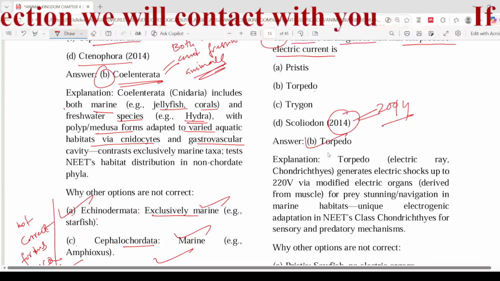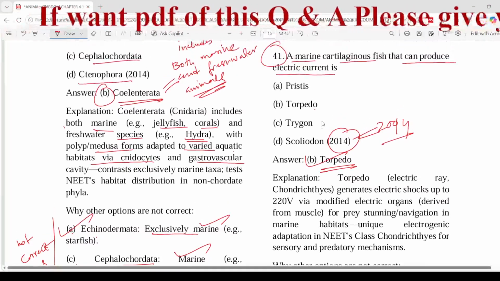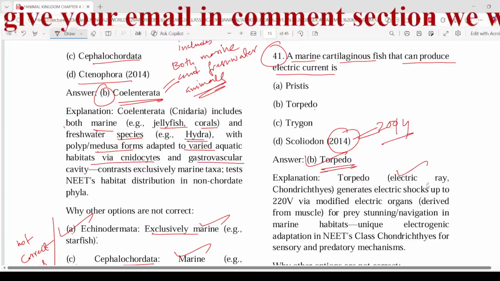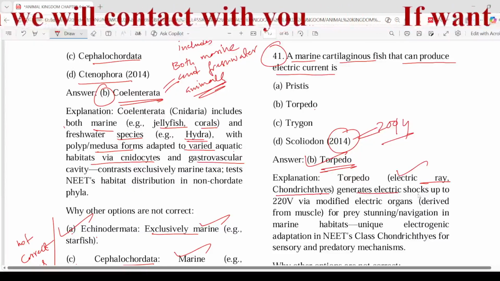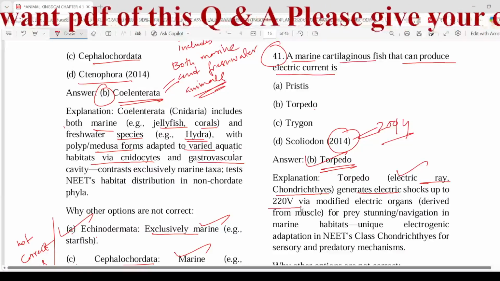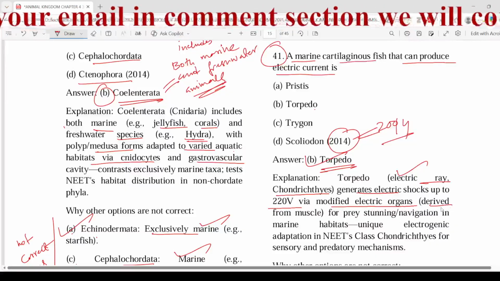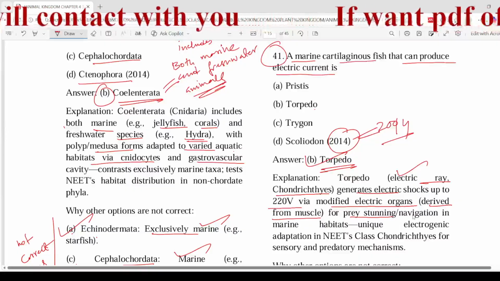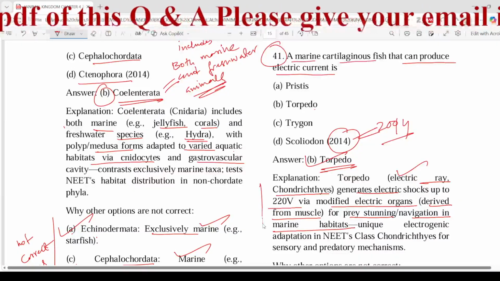The correct answer is Torpedo. Torpedo, also known as the electric ray, is a chondrichthyan fish that generates electric currents, shocks up to 220 volts via a modified electric organ derived from muscles, for preying and navigation in marine habitats. This is the explanation.